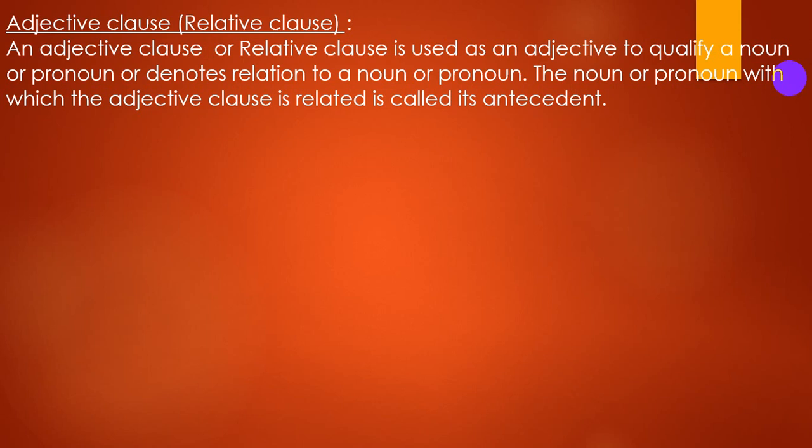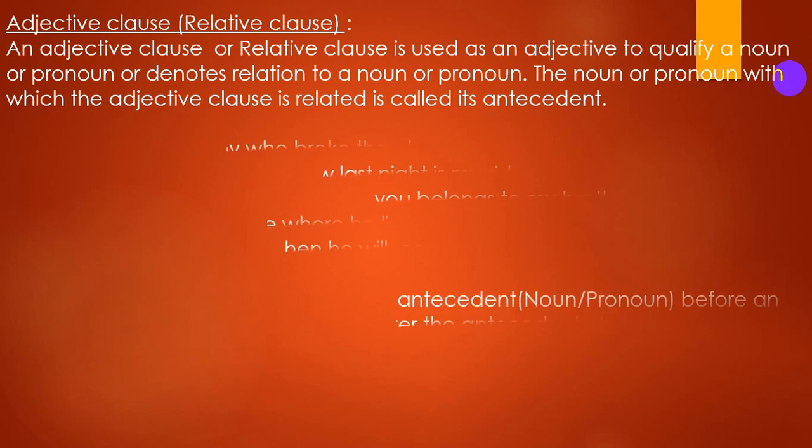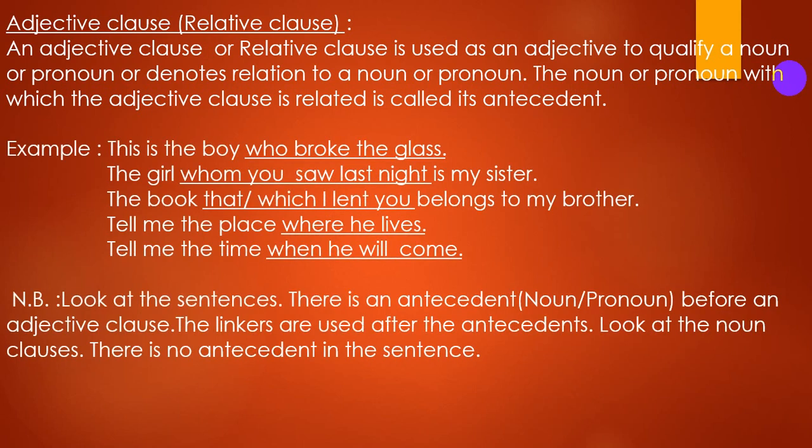The noun or pronoun with which the adjective clause is related is called its antecedent. Example of adjective clause. This is the boy who broke the glass. Who broke the glass is an adjective clause. It qualifies the noun the boy.